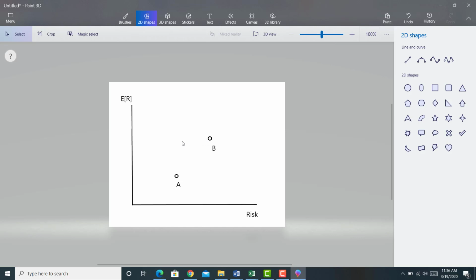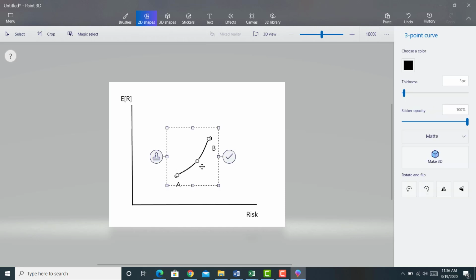What happens is the covariance structure will allow you to bend off of this line. For instance, I can create a line between A and B that begins to bend off that line. Does that make sense?